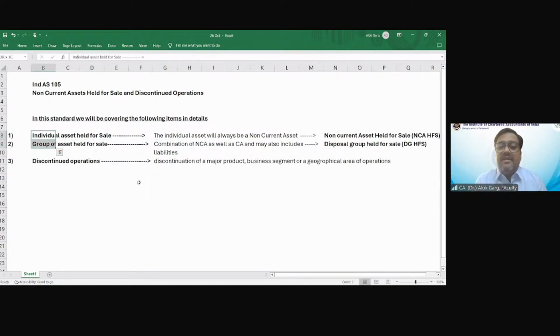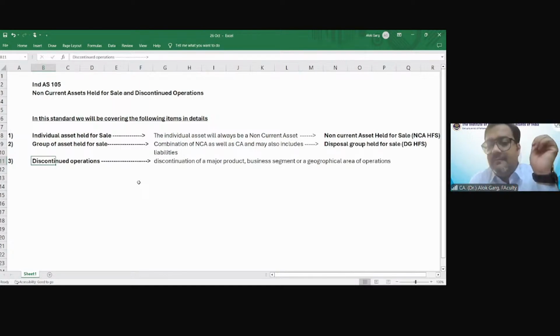The standard has given the accounting, which is recognition, measurement, presentation and disclosure, of an individual asset held for sale and a group of assets held for sale, and some additional disclosure requirements for discontinued operations. Why? Because a discontinued operation may involve a disposal group. When you sell your business, you will sell a group of assets and liabilities, so it becomes a disposal group.